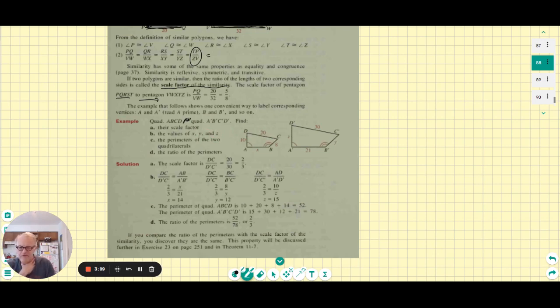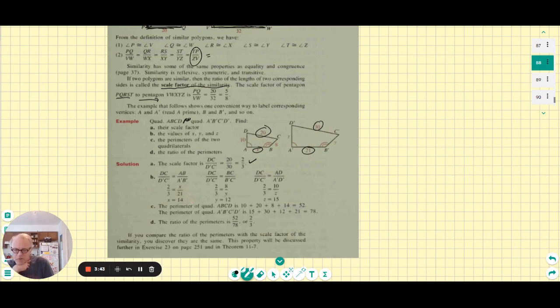To find the scale factor, we find two sides that have their numbers already written in, which is this one and this one. DC over D prime C prime is 20 over 30, or 2/3. Then find the values of X, Y, and Z. Once we know the scale factor, we can find the other things. AB is proportional to A prime B prime, so X over 21 is the same scale factor as DC over D prime C prime.